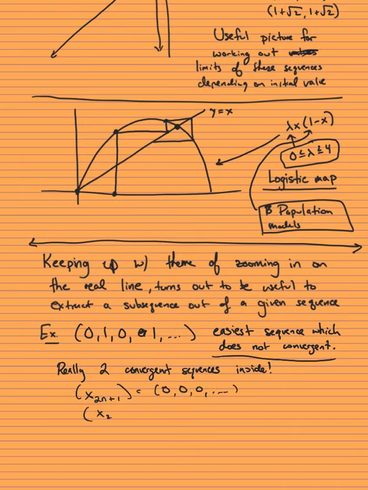And if I look at the terms that are even, I'm getting 1, 1, 1. So I have two convergent sequences. The reason it's not convergent is that the two sequences are converging to two different places: one goes to 0, one goes to 1.